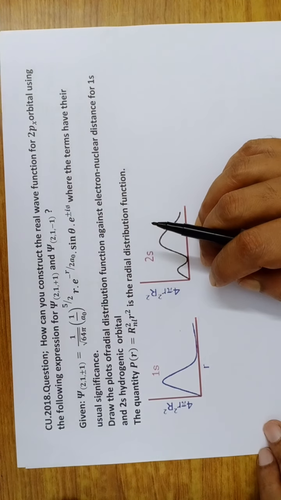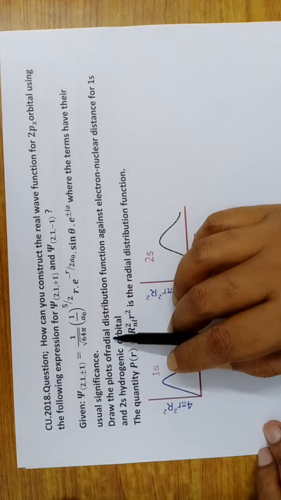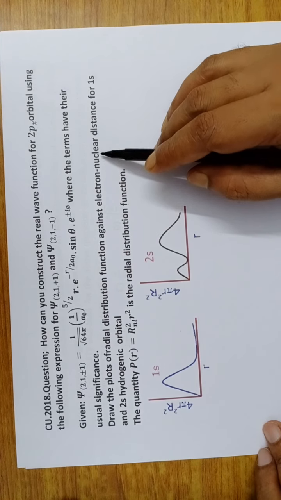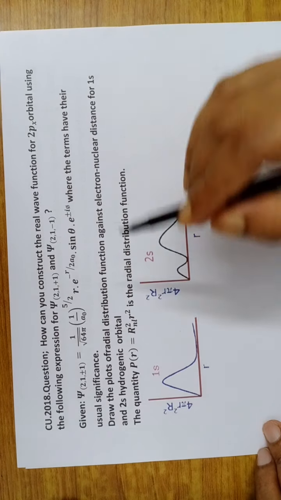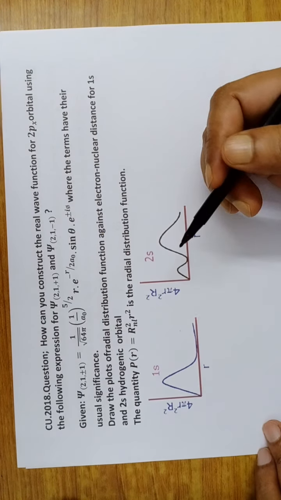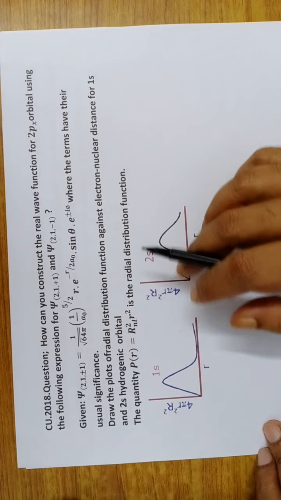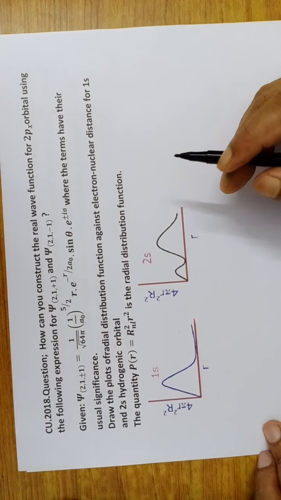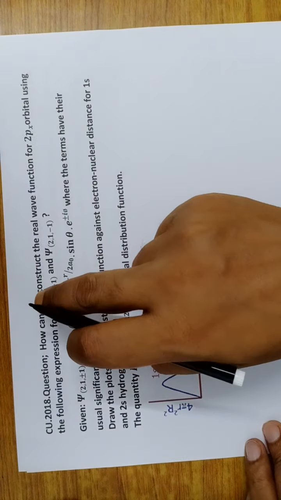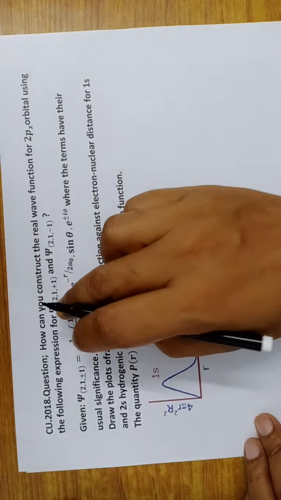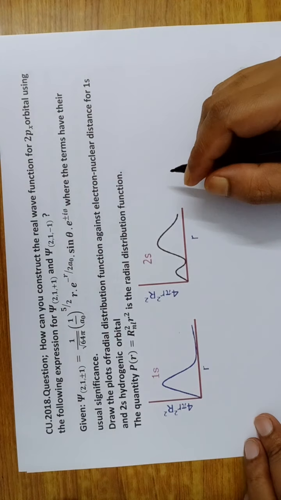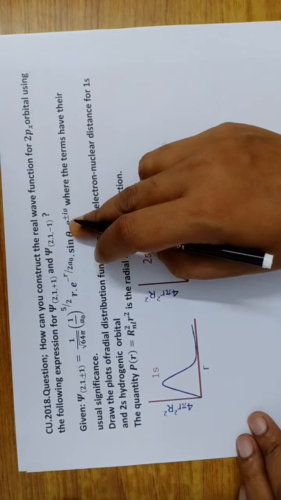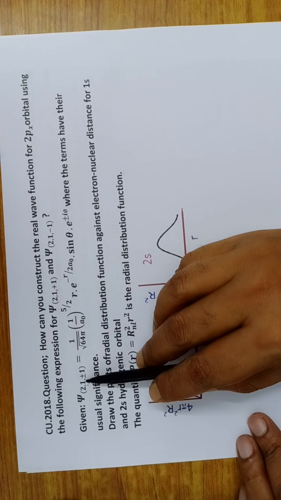And there is another question: draw the plot of the radial distribution function against electron nuclear distance for 1s and 2s hydrogenic orbitals. And this is easy. This is the graph, and you can get it in every book. This is a university problem.